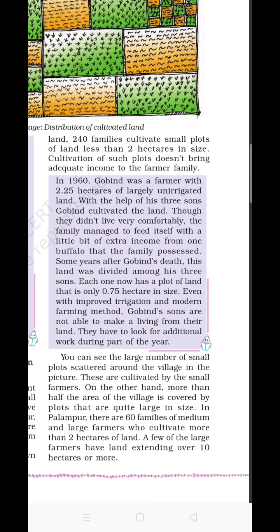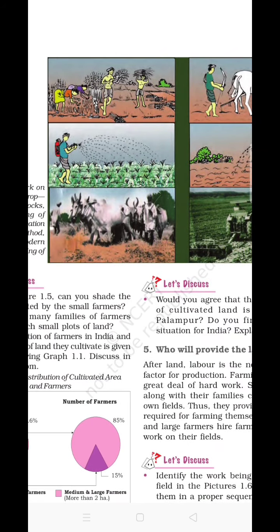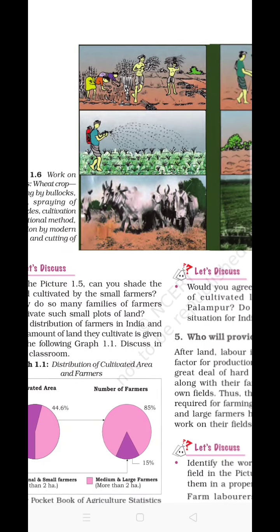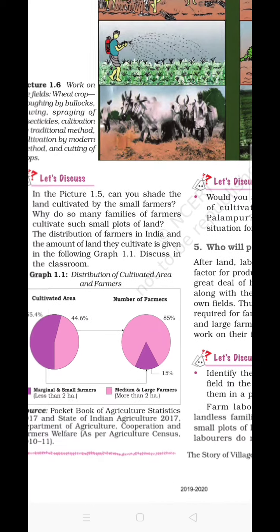So what do they do? They are dependent on the people who have a large number of farming facilities, or we can say a large amount of land, and they are completely dependent on them. Whenever they want to work, they just have to go to those big farmers.